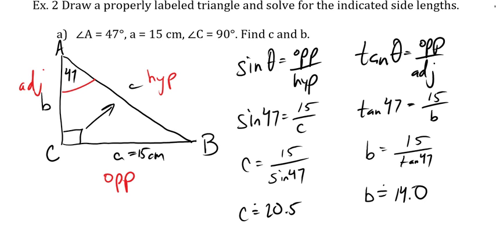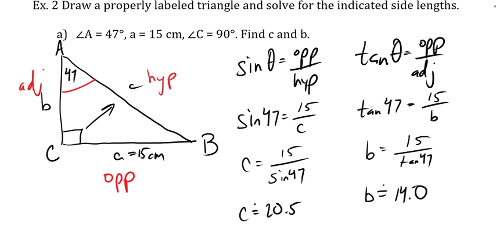How did we get A? It's given in the question. We got the angle with the opposite. It's given in the question. And then A, 15, is the opposite.